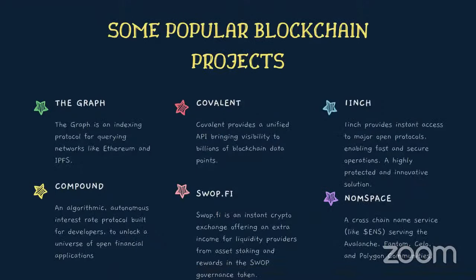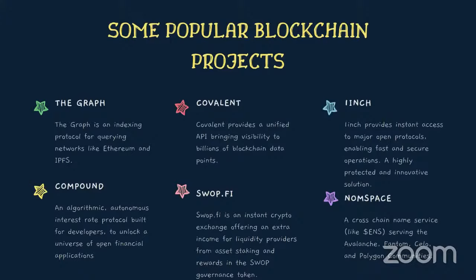Then we have The Graph. The Graph is an interesting project. It is basically an indexing protocol for querying networks like Ethereum and IPFS. It now supports other EVM blockchains and also the Near blockchain too. So basically, you have your smart contract now, and reading data from the blockchain is actually very hard.